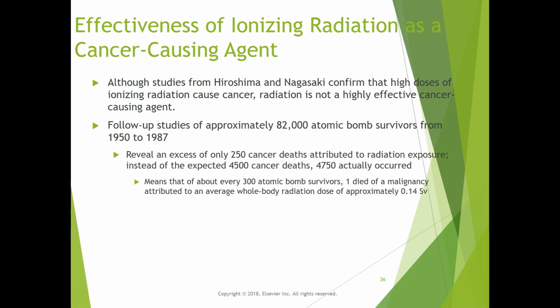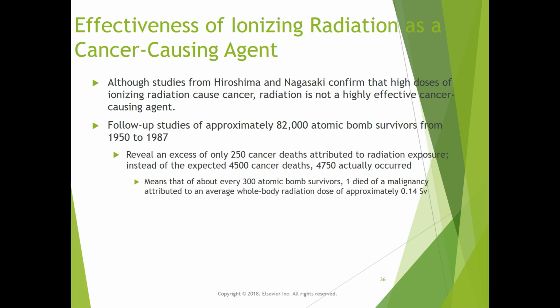Out of 82,000 bomb survivors from 1950 to 1987, they were estimating that there would be 4,500 cancer deaths, which would be the expected cancer deaths from that normal population. Okay, what they found were there were 4,750 deaths that actually occurred from cancer, which was only 250 more than the normally expected amount.